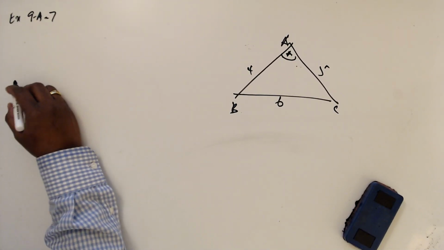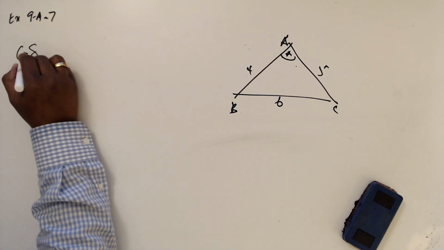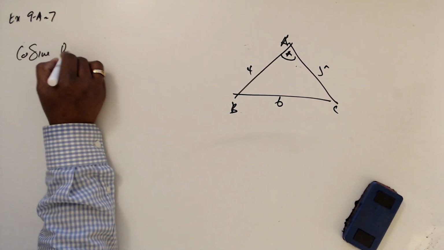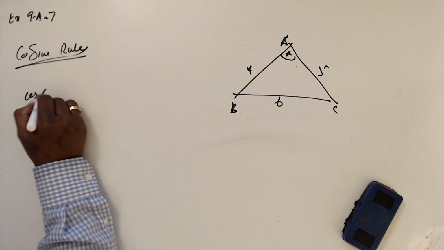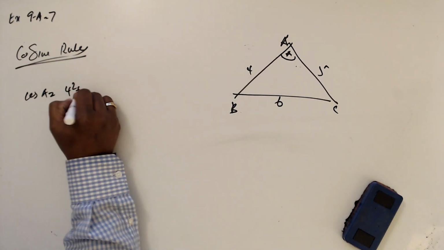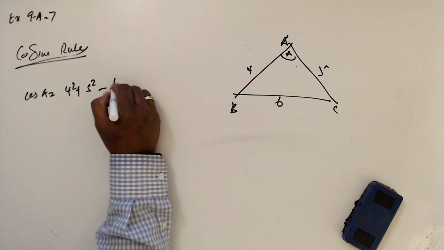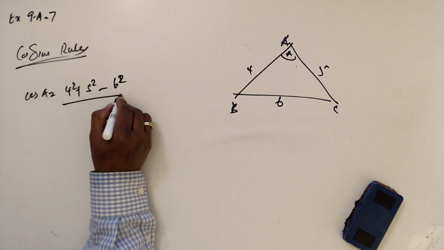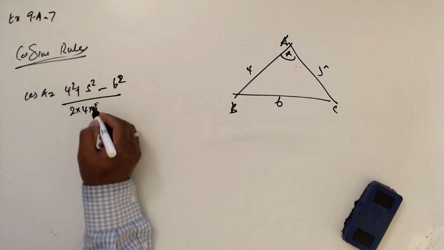Now, sine rule, cosine rule. Cos A equals 4 square plus 5 square, then minus the opposite one squared, over 2 times 4 times 5.